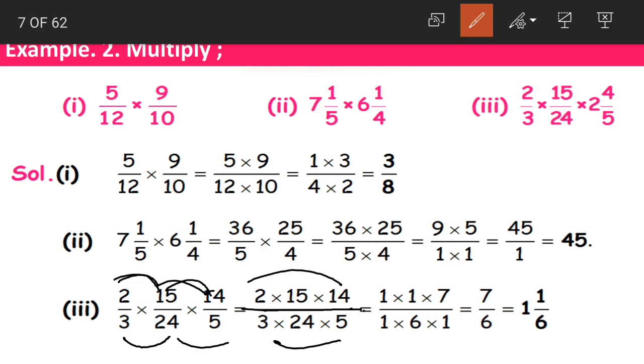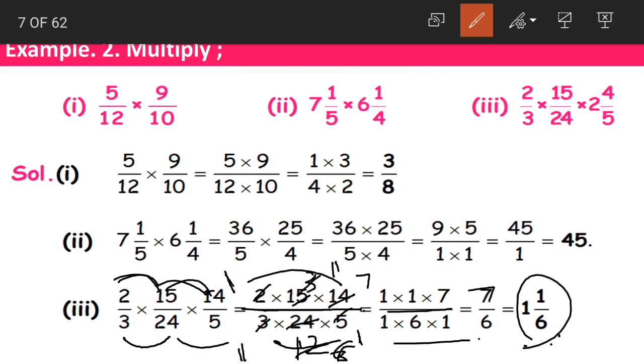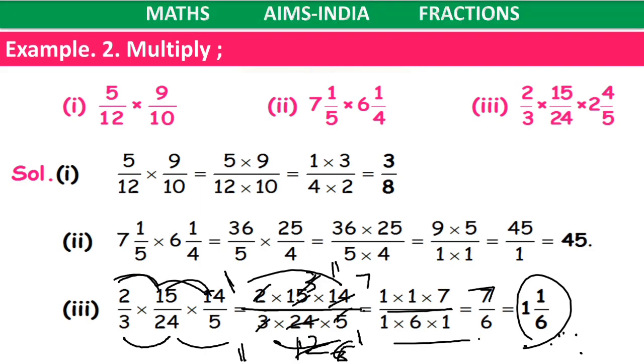Check for common factors. 5 1s are 5, 5 3s are 15. Yes. 3 1s are 3, 3 1s are 3. 2 1s are 2, 2 12s are 24. Yes students. Again 2 7s are 14, 2 6s are 12. Now what are we left with in the numerator? 1 into 1 into 7 divided by 1 into 6 into 1. Now this becomes 7 by 6, which is nothing but 1 1 by 6. Clear students?